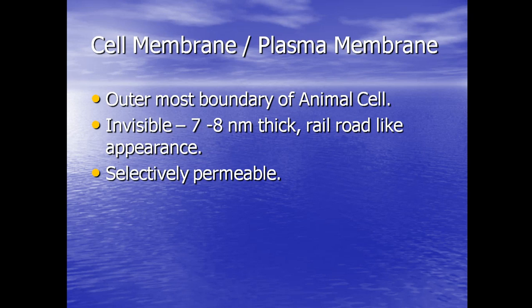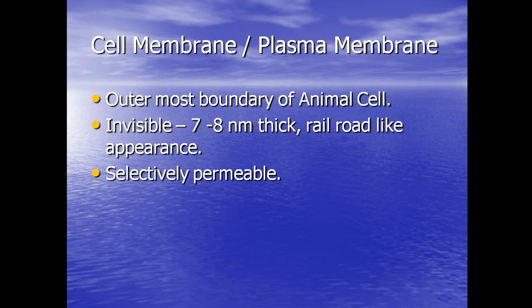Basically, this plasma membrane or cell membrane is invisible with our light microscope. None of us will be able to observe this in the laboratory using the light microscope, or the compound microscope, because it is so thin, 7 to 8 nanometers in thickness, which you will be able to see only with the help of an electron microscope.